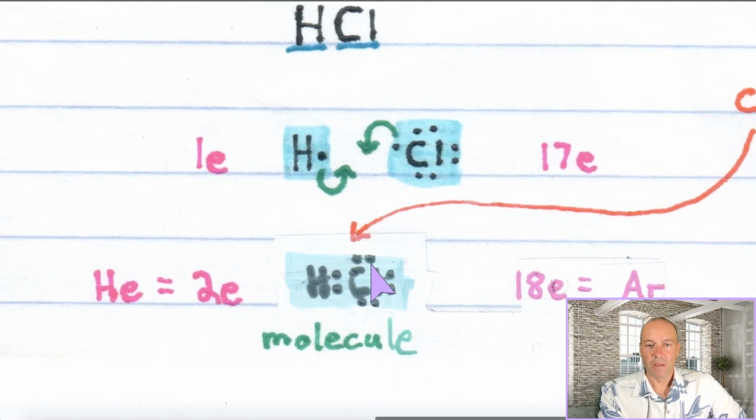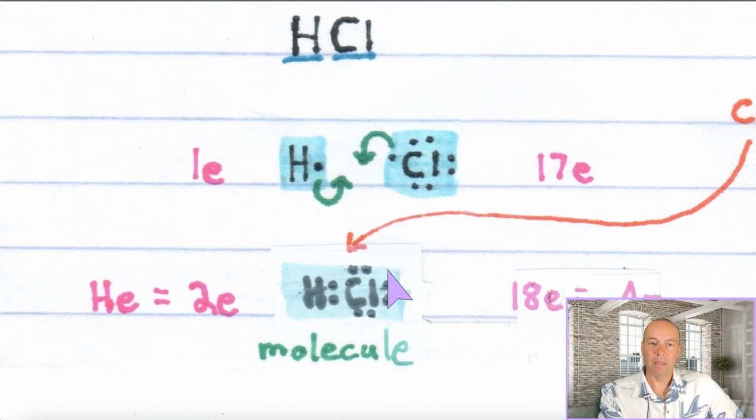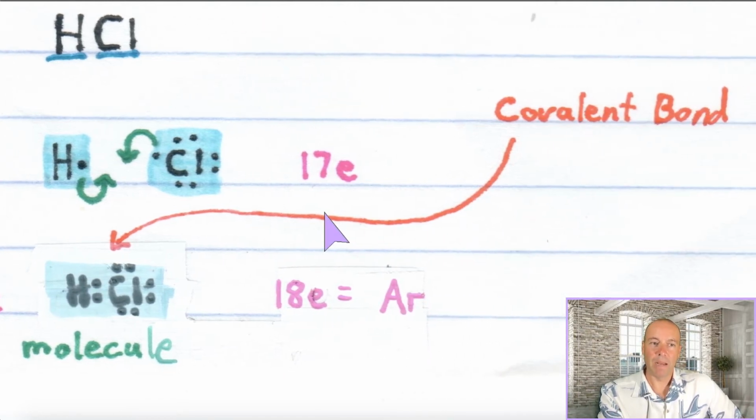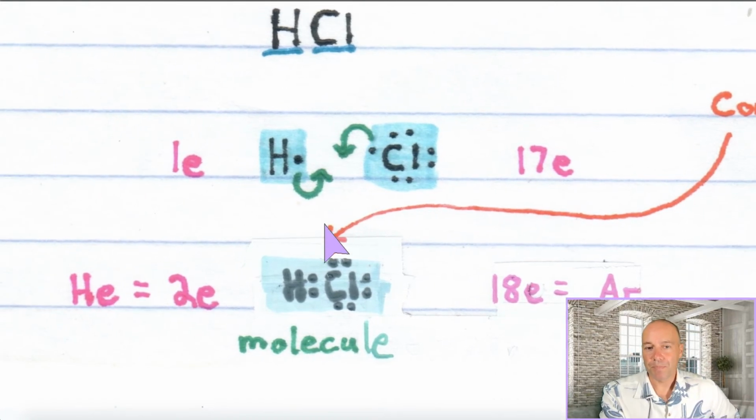Okay? So this is the dot structure for a molecule. Okay? Now, covalent compounds, the atoms are held together by this covalent bond. That's a covalent bond. So what you have here is hydrogen holding on to that pair and chlorine holding on to that pair.